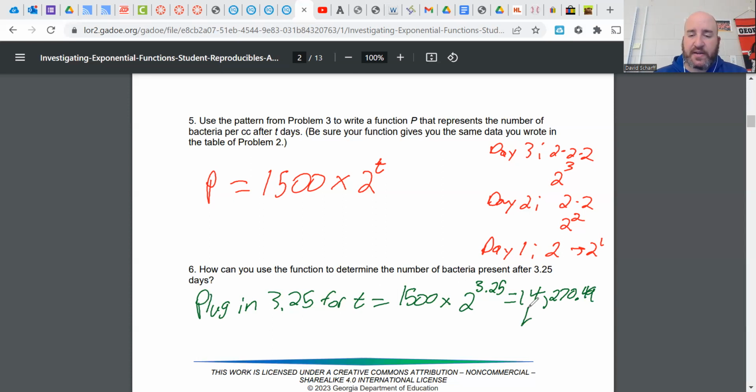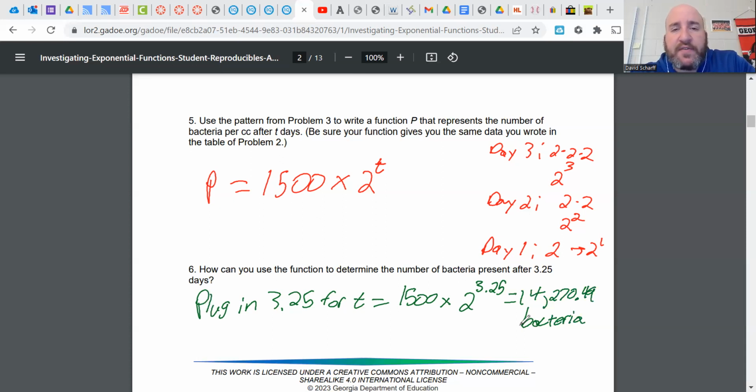So that's bacteria. A couple things to note here. I left bacteria as a decimal. Again, bacteria is a living thing. So to me, I would just go ahead and round up to the next whole living thing, if you will. So 14,271. Think about when you're doing a human population count.